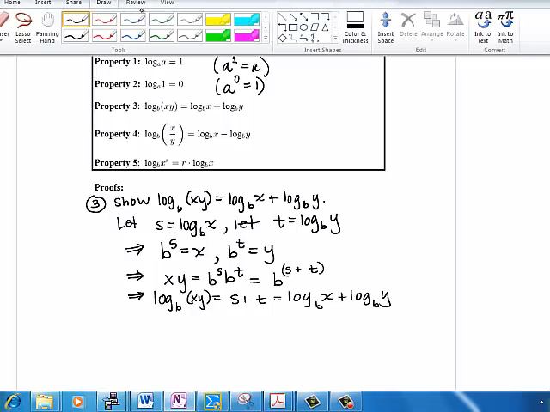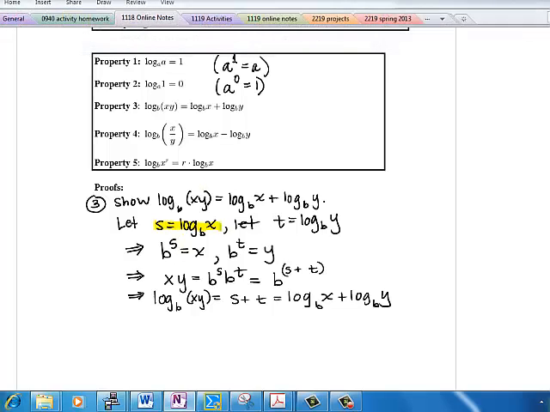If you look above, s was defined to be the log base b of x, and t was defined to be the log base b of y. So we have what we want. The log base b of the product is the sum of the logarithms of each factor. So it's connected to exponent rules: if we have a product with the same base, we add the exponents to get the exponent overall.